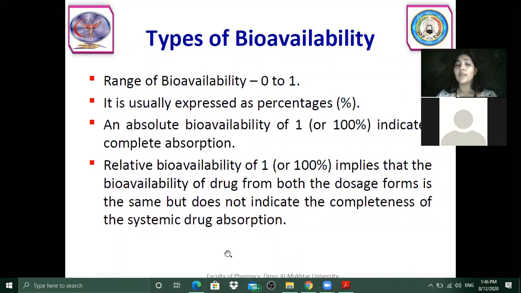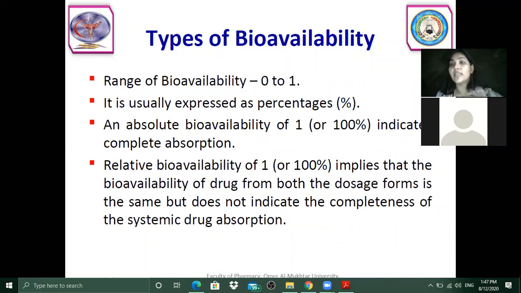So you are not sure whether those formulations are completely absorbed into the systemic circulation or not. It's just that you'll be comparing. So if Glenmark's bioavailability is 1 and mine is also 1, then I'm saying that I have the relative bioavailability as 100%.